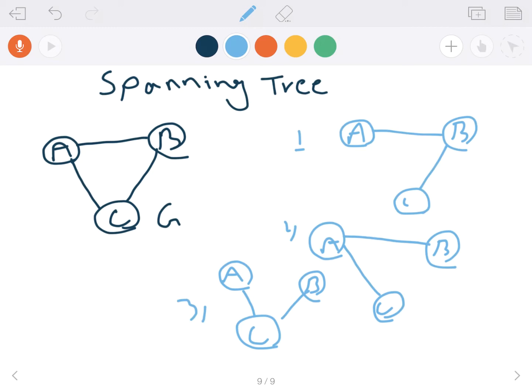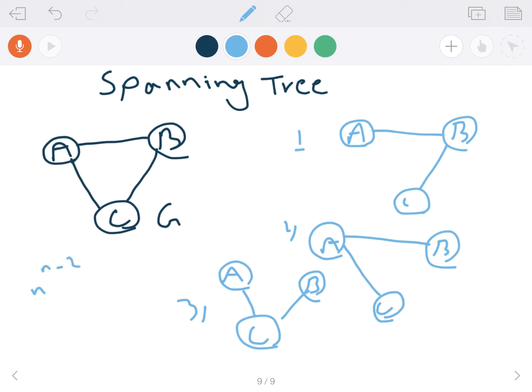One way is brute force: finding all the spanning trees that exist for a graph. I'm not going to go into the proof of the number of spanning trees in a complete graph, but just for your information, the number of spanning trees for a complete graph is n to the power n minus 2.